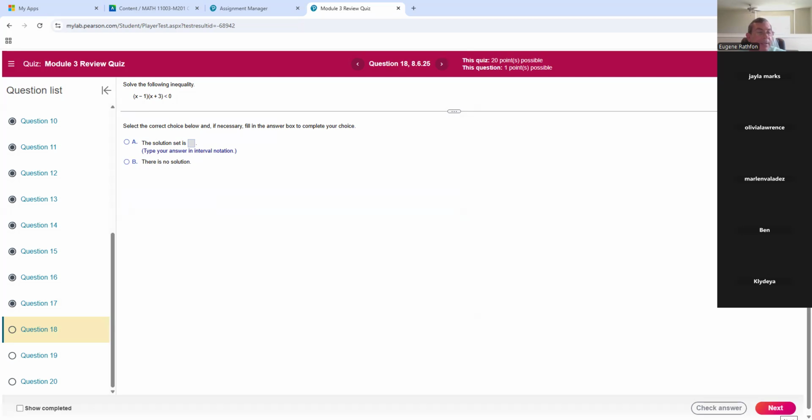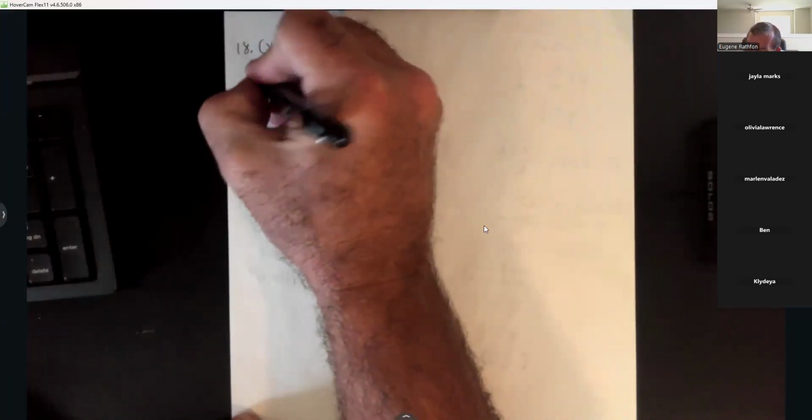All right, so 18, 19, and 20, we're just solving the inequalities. So this one was (x minus 1)(x plus 3) has to be less than 0. So y'all, since this one's already factored, you can come in and set each factor equal to 0.